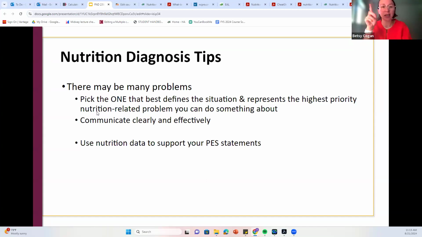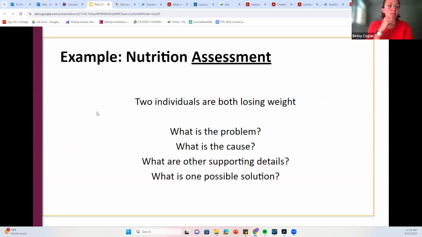We want to use the diagnostic terminology, and we want to use nutritional data to support this diagnosis in our PES statements. So once we've narrowed down what we want as our nutrition diagnostic term, we move on, right, to writing our PES statement. So let's think of an example, right?